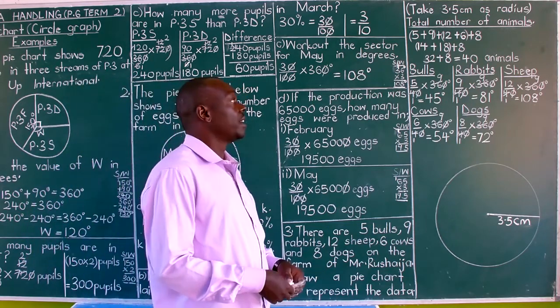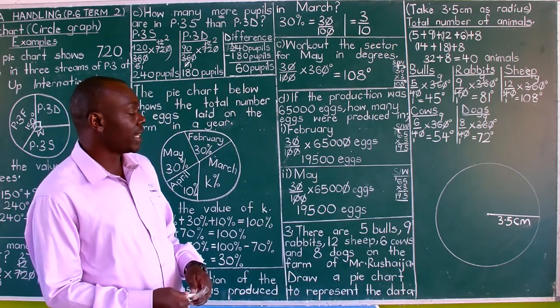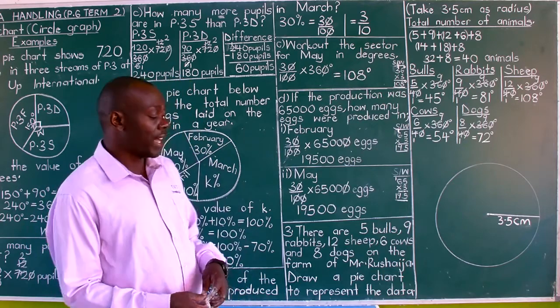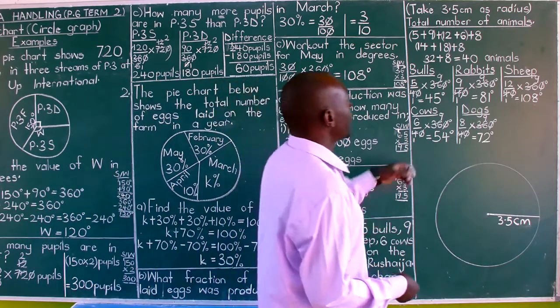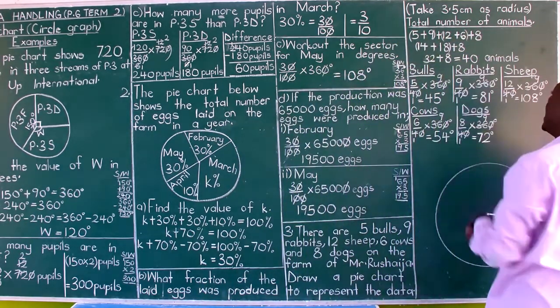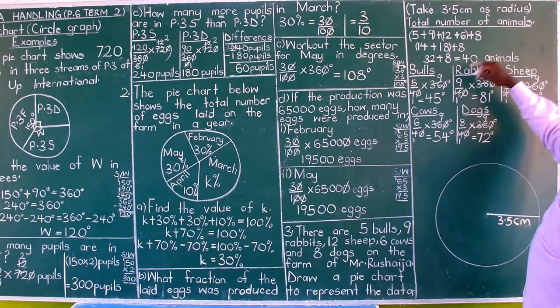What do we do then? We ascertain what is going to make a denominator by adding the number of animals on the farm. So that's why you say total number of animals on the farm.